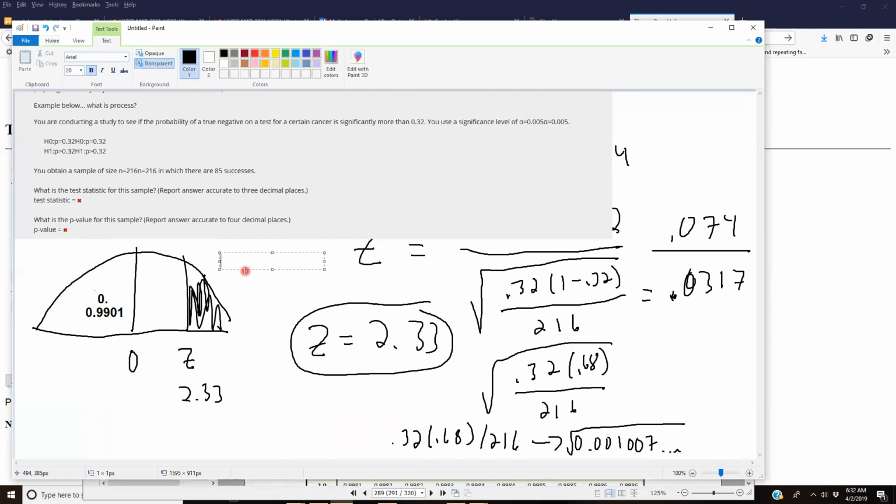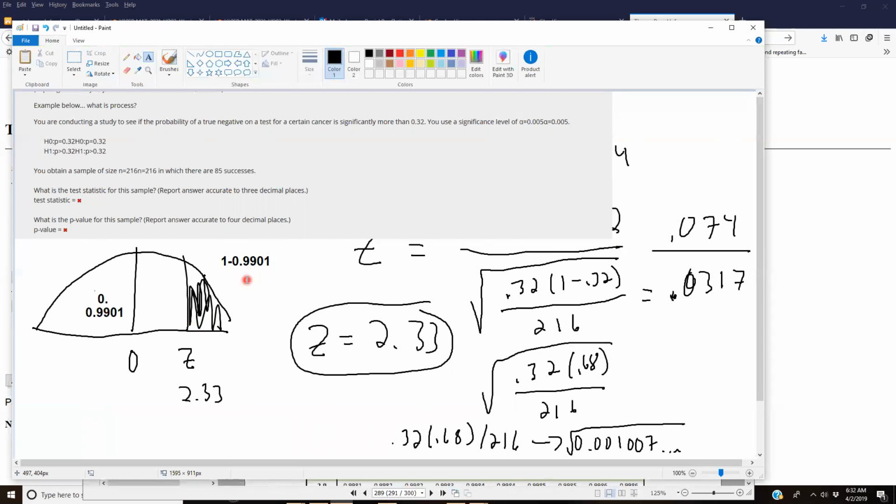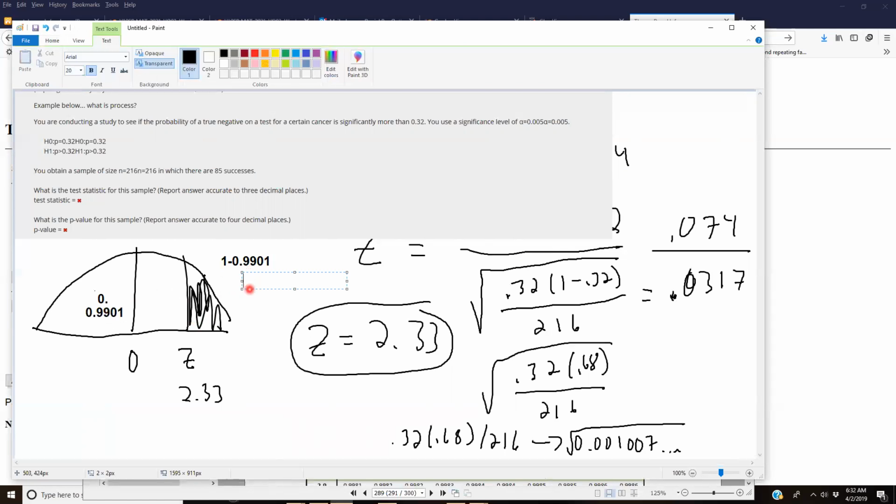So 1 minus that value, 1 minus 0.9901, will be the p-value. So I'm getting 0.0099. I guess I could have done that in my head. So that's my p-value. That goes right here. That's how you would answer that.